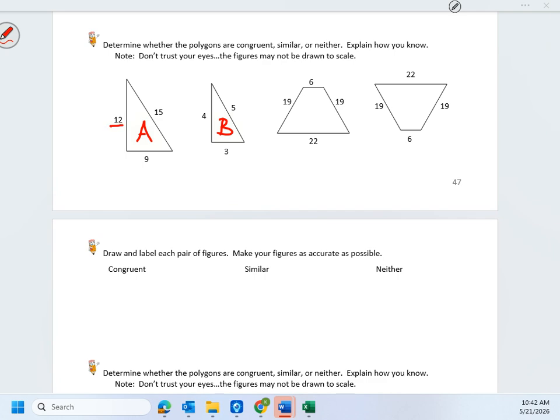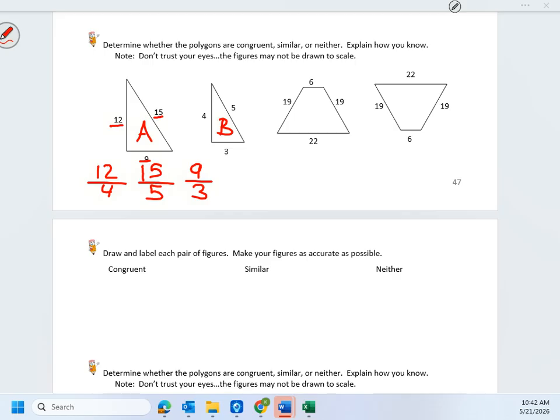So let's start with the 12. What does 12 match up with? Joe? 4. So what does 15 match up with? Kevin? 5. And what does 9 match up with? Colton? 3.